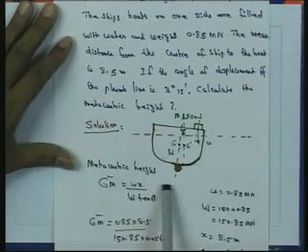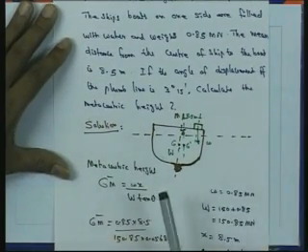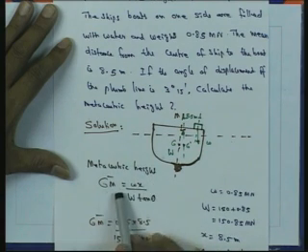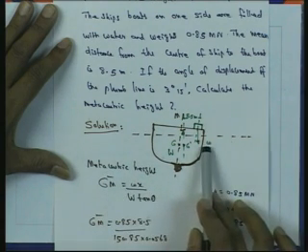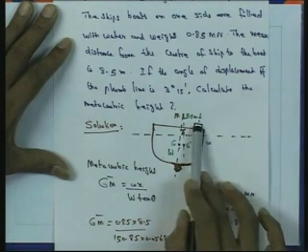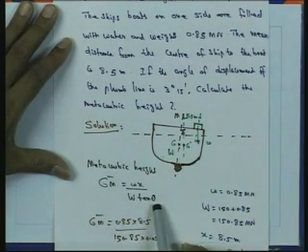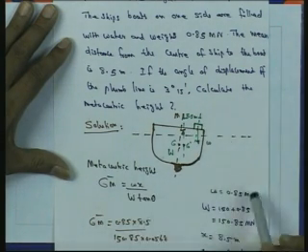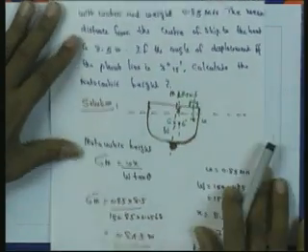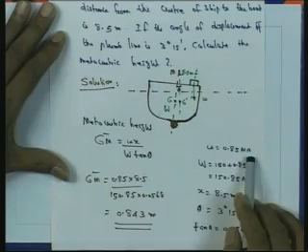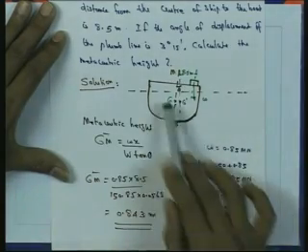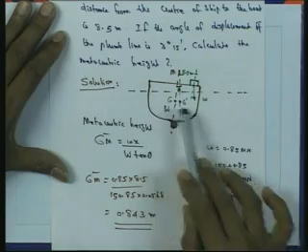So, the metacentric height, as per the previous derivation we have seen earlier, GM is equal to small w, the weight of the boat, into this distance x, divided by capital W tan theta, where small w is the weight of the boat, that is 0.85, and capital W is the total weight of the ship plus the boat.